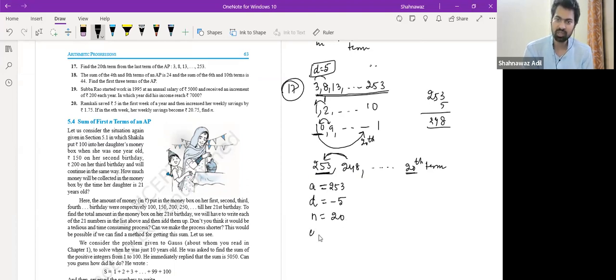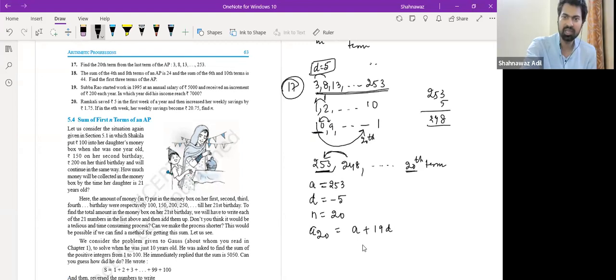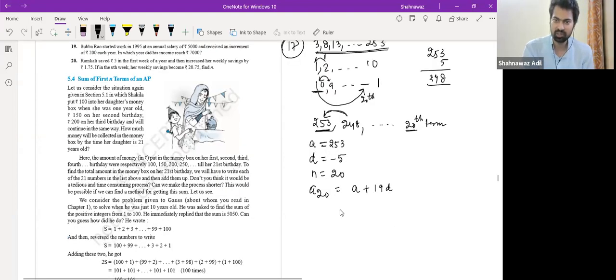So now we can calculate A20. A20 would be simply A plus 19 D. Right, guys? Adil, did you understand this part? Yes. Okay. So A is 253, plus 19 into minus 5, right? So this would be 253 minus how much is 19 times 5?